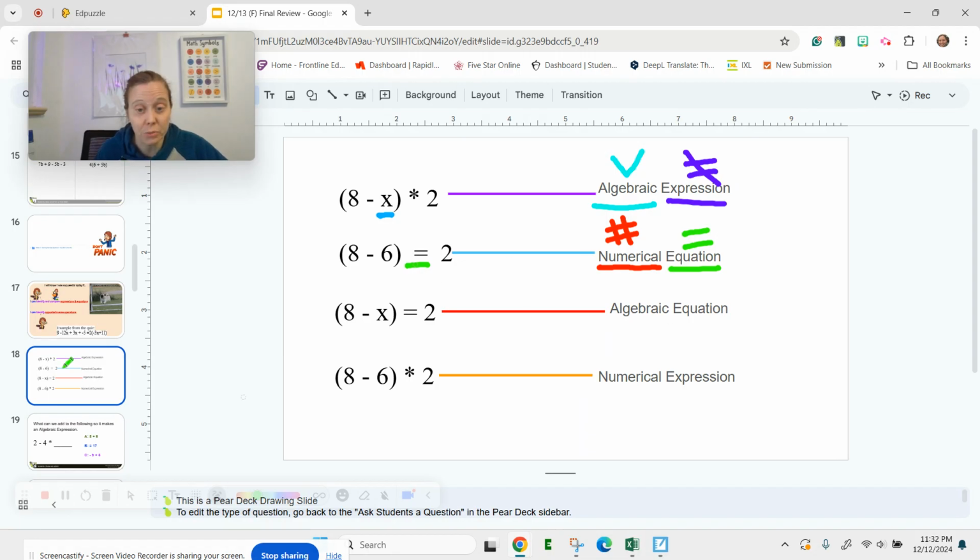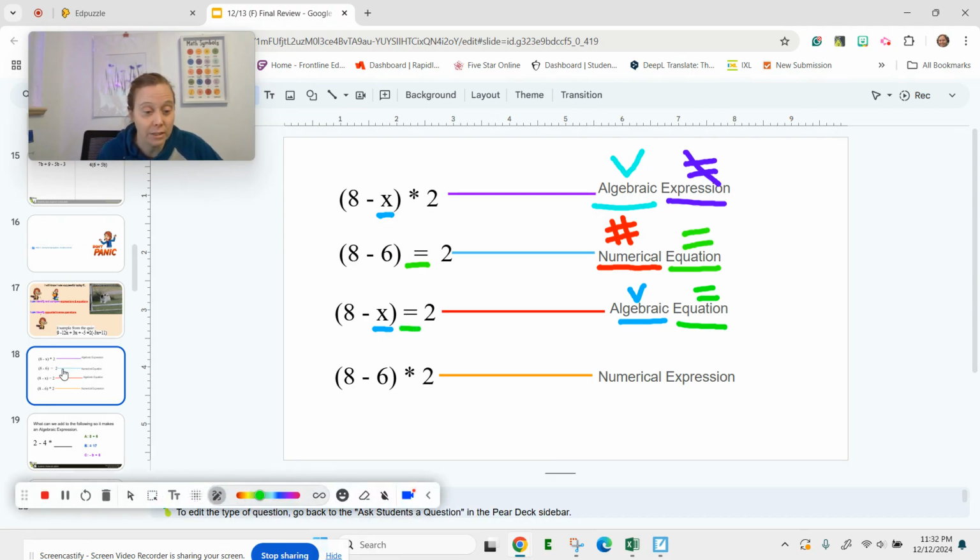So we get to this next one, an algebraic expression. Algebraic expression means it has a variable, and I read it wrong because that says equation, and an equation has an equal sign, which it does. So this is an algebraic equation. The last one is a numerical expression.